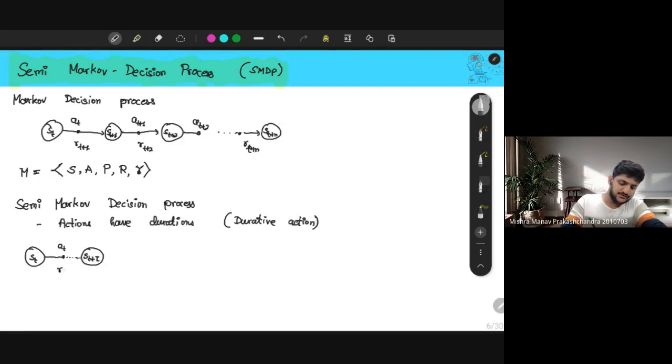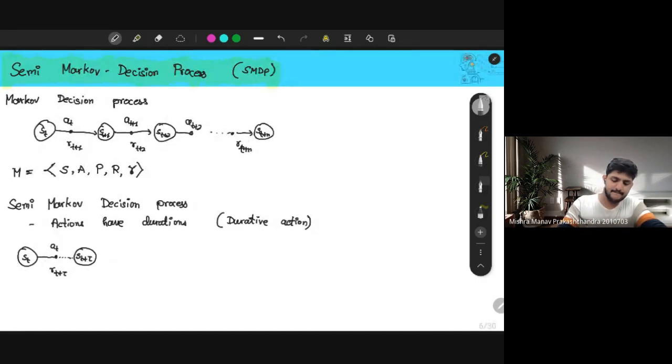So here the reward would also be at t plus tau in this case. Okay. Next, you take some other action, which is A at t plus tau. Okay. This is the action you take at time t plus tau. Then you reach some other state, which is the state at t plus tau prime, right? And you get a reward of r at t plus tau prime.